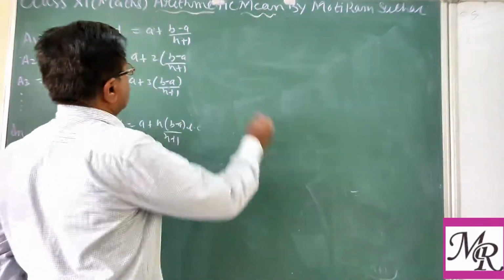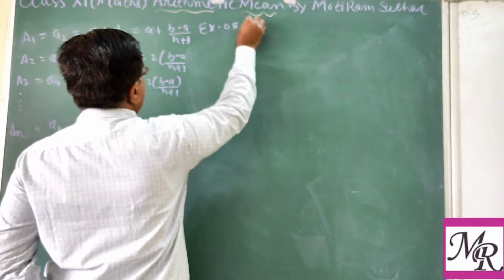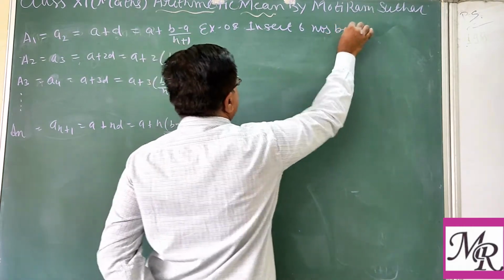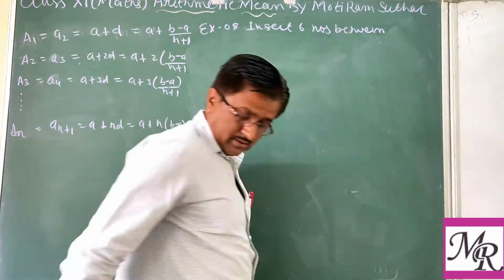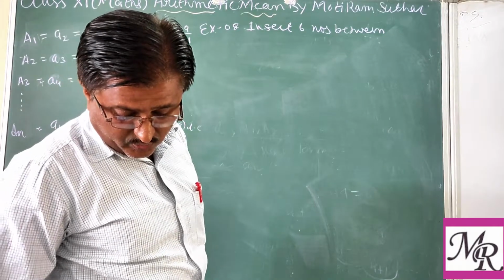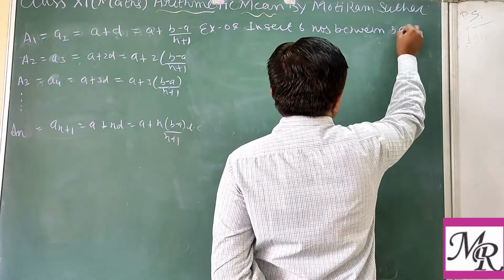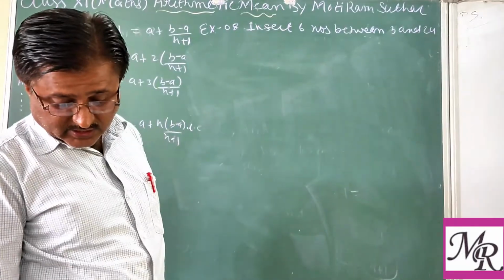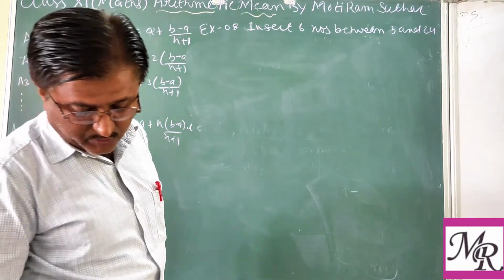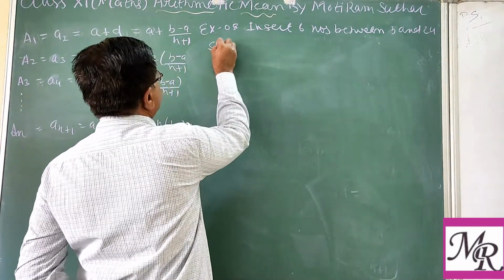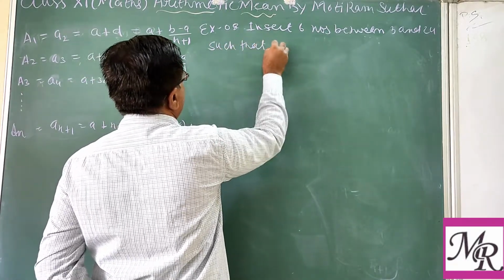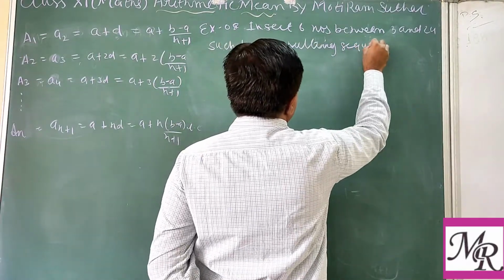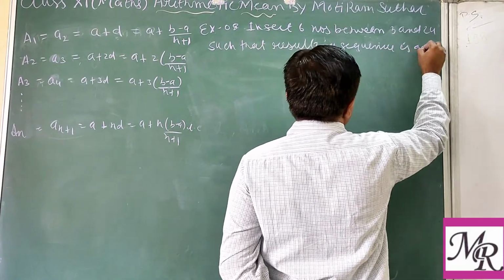Example 8: Insert 6 numbers between 3 and 24 such that the resulting sequence is an AP.